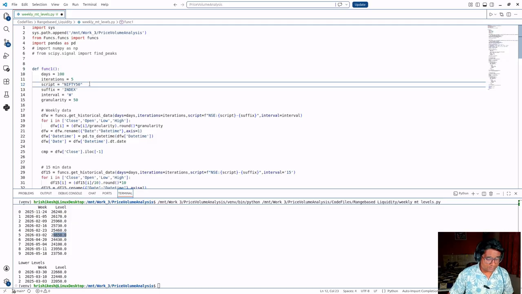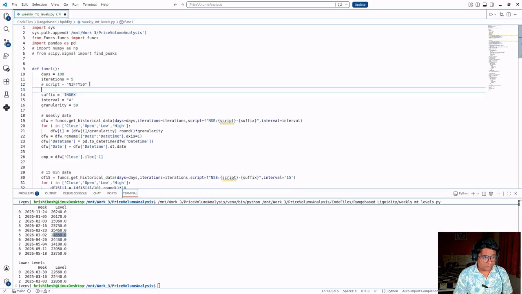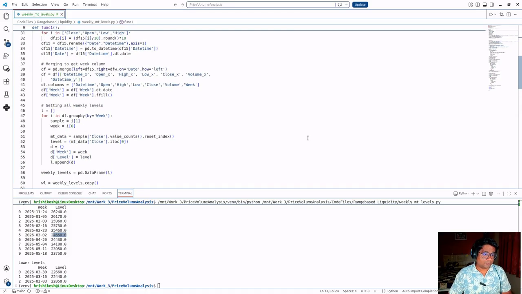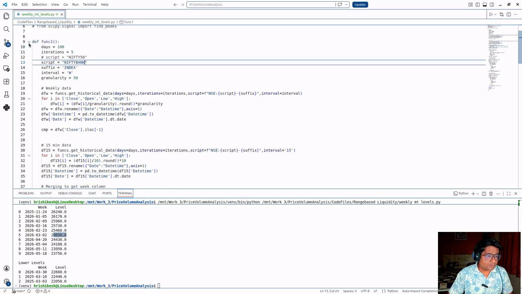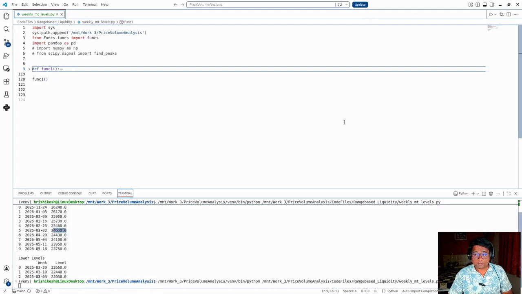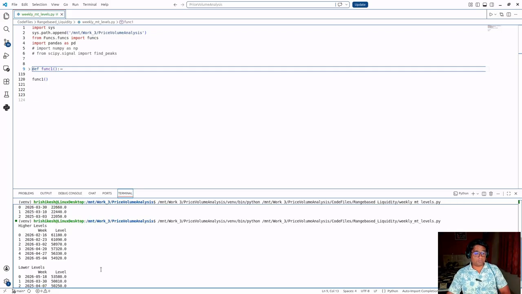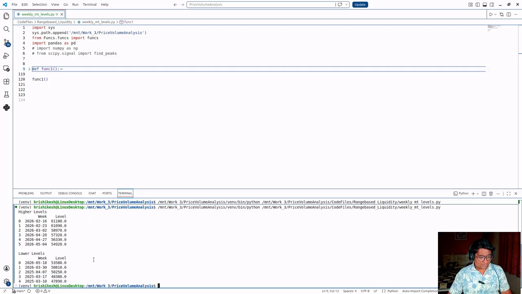And this is Nifty 50, and script is equal to Nifty Bank. I think this is the symbol of that. Let's see how that pans out. Okay, so let's see if it gives us levels for Bank Nifty. So I'm running this code. Yes, we got the levels.